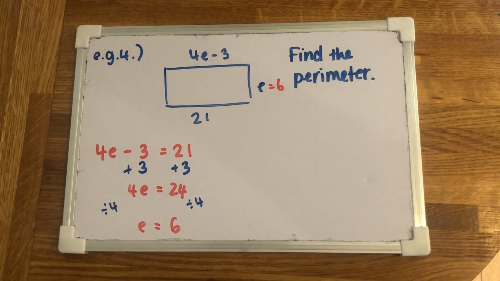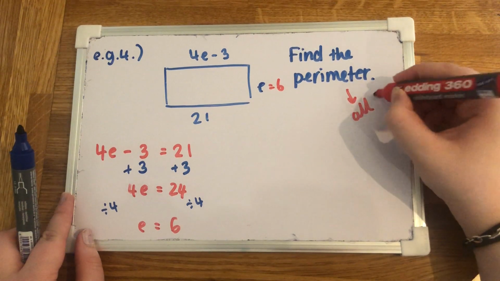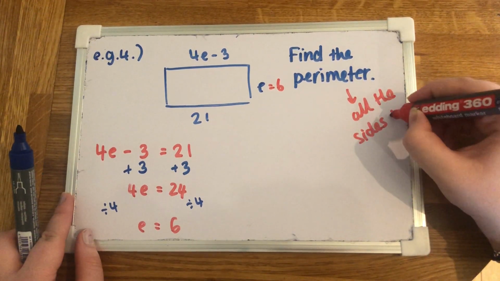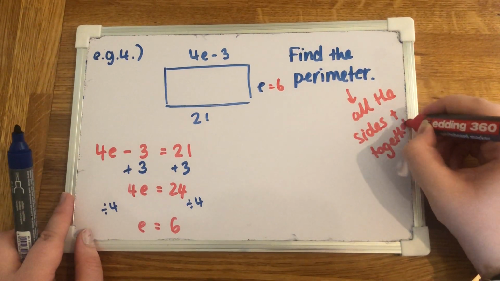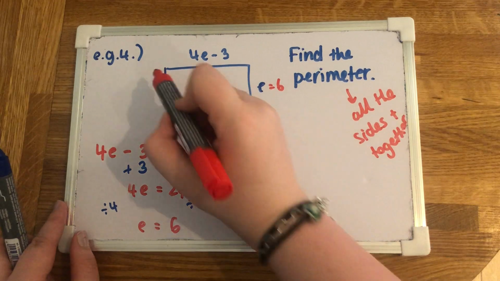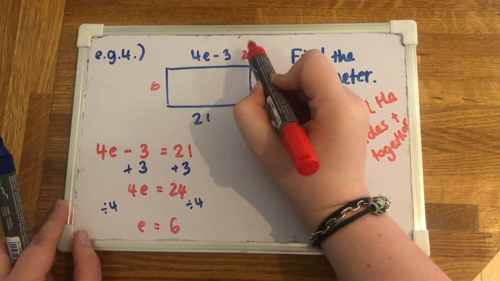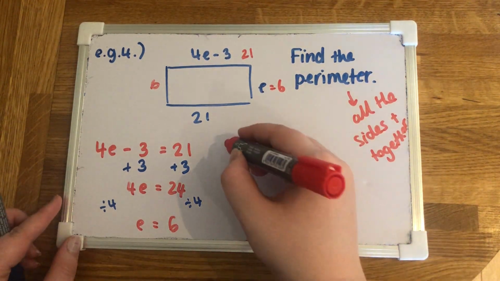Okay, so to find the perimeter is just all the sides added together. So we know this is 6, this one must also be 6. We know this is 21, so this must also be 21. You can sub it in, but you don't need to, obviously, because you know it's the same.